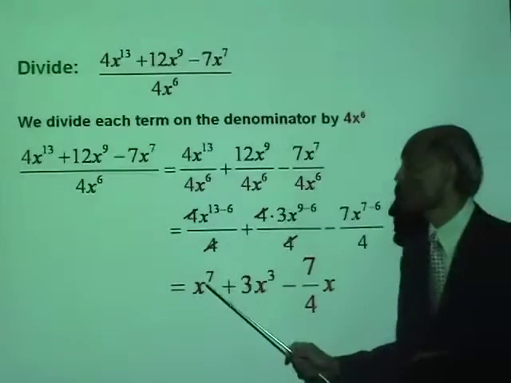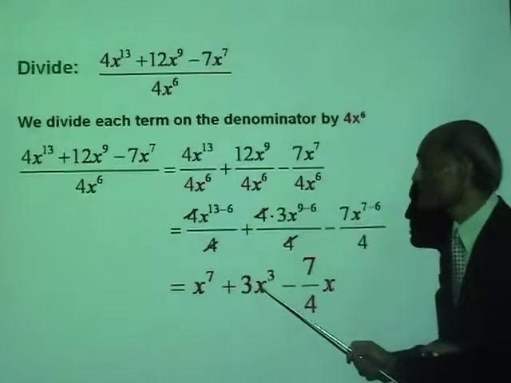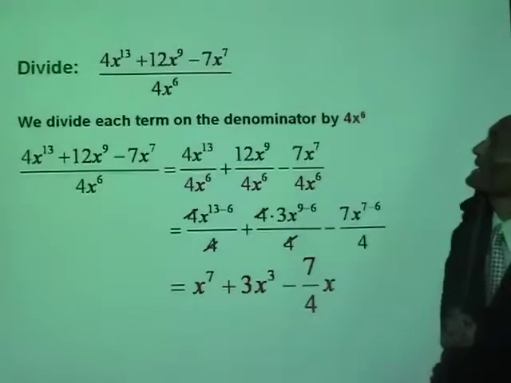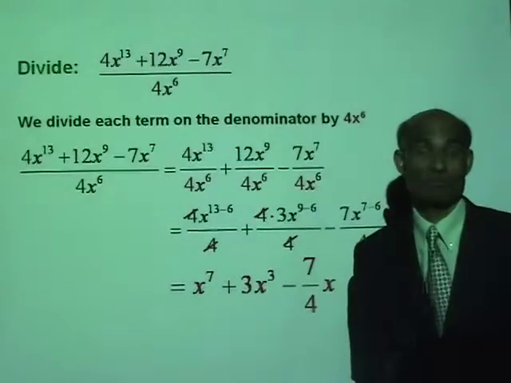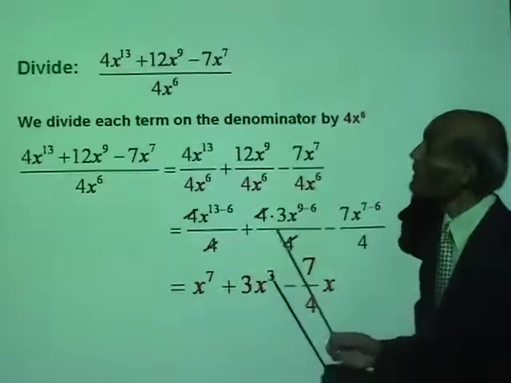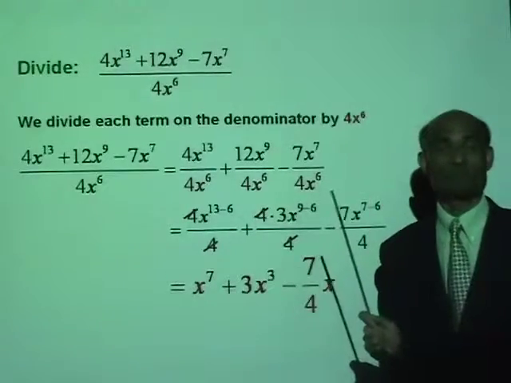That's right. So that will be x to the power of 7 plus 3x cubed minus 7 over 4 x is the answer. A very good problem, and I want you to practice that. Okay, I hope you understood the various steps I did here.